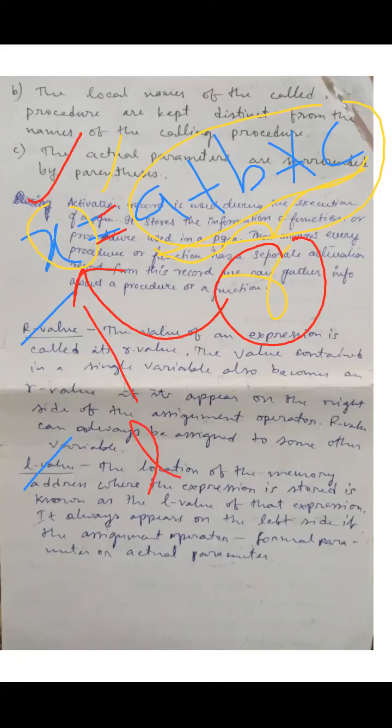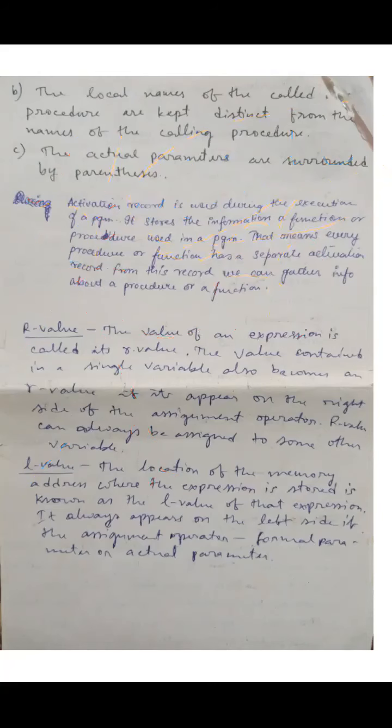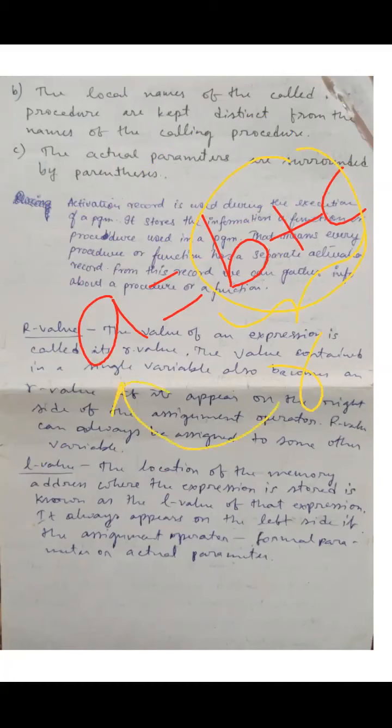For another example, say you have written a equals b plus c. Here b plus c is the result of the right hand side. This result b plus c is the R value, and when you get the R value, you store it in variable a, that will be stored in a memory location, say memory location 2000.